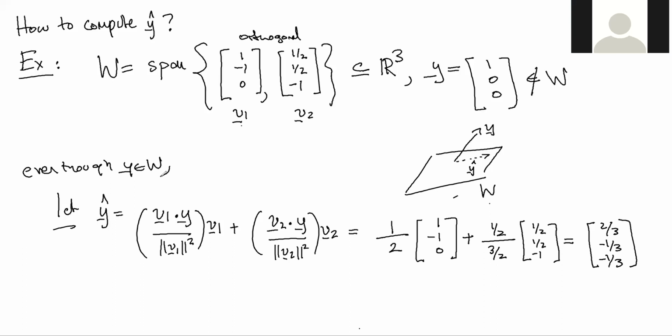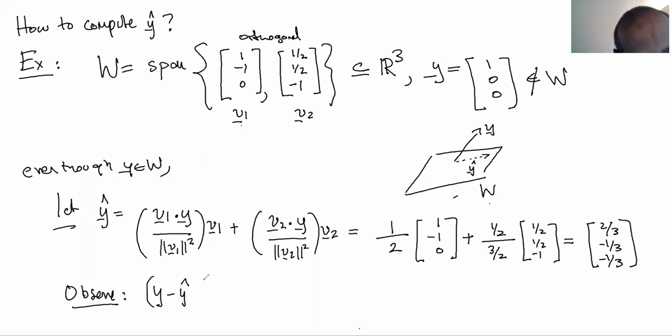Yeah. And now you see something kind of magical: this vector y hat has the required property that y minus y hat, which is the vector (1, 0, 0) minus the vector (2/3, -1/3, -1/3), is just a third times the vector (1, 1, 1).